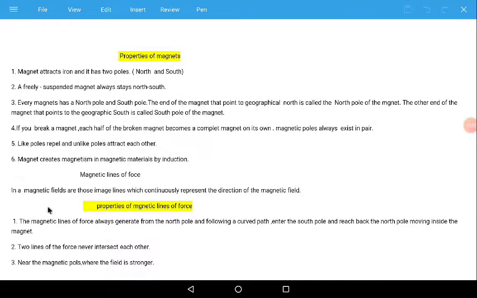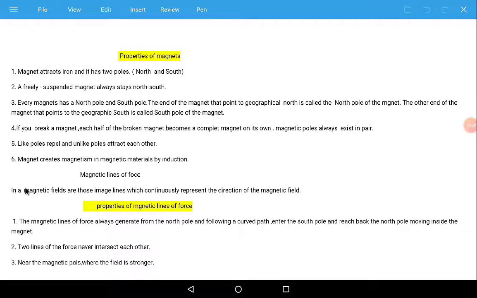So they represent the direction of the magnetic field from the north pole to the south pole outside the magnet, and from the south pole to the north pole inside the magnet.